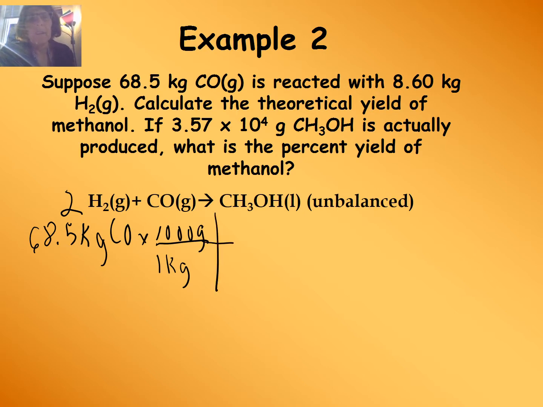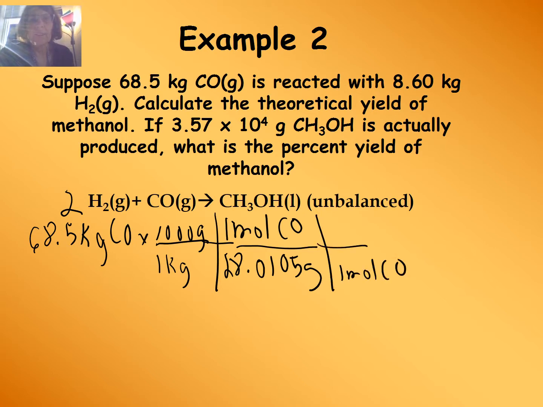And then once we have grams, we can go do molar mass. So we're going to do the molar mass of carbon monoxide, 28.0105 grams with 1 mole of CO. And then we're going to do 1 mole of CO to 1 mole of methanol. And then let's go ahead and just go to math.